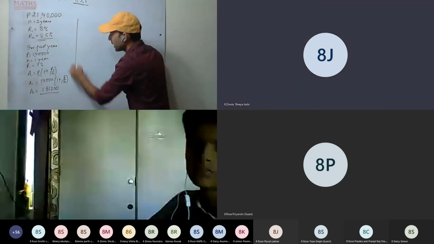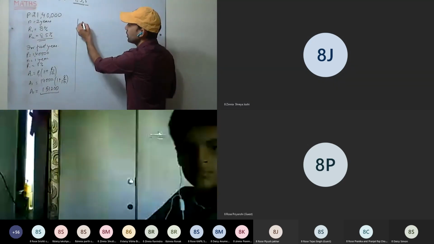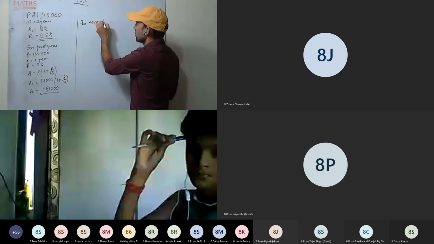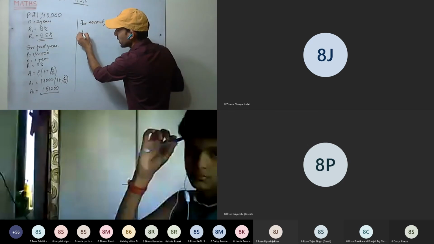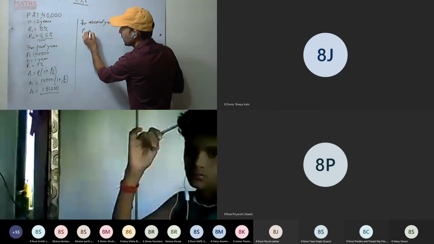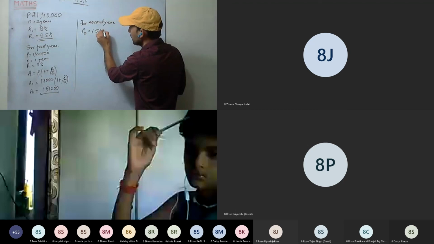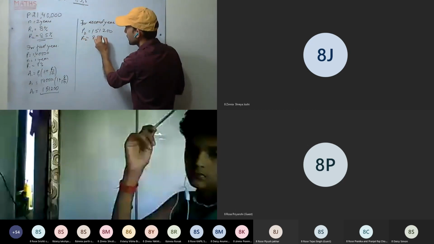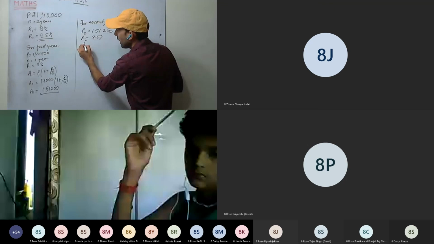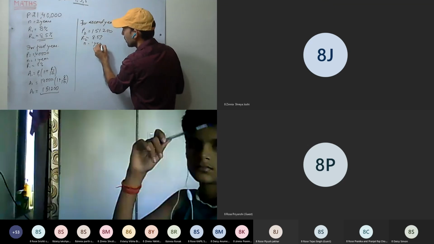Now see here, for the second year, this will act as the principal. So P2 equal to 1,51,200, rate R2 will be 8.5%, and N equal to again 1 year.